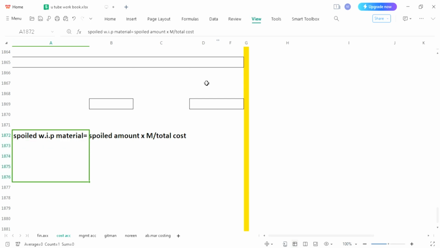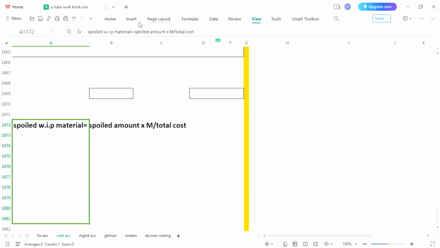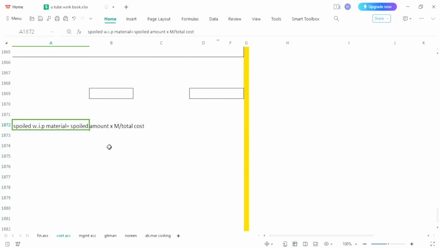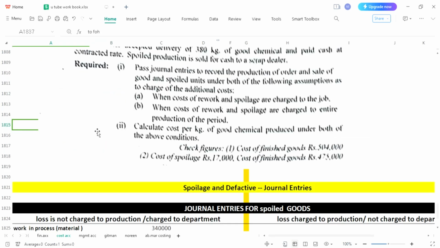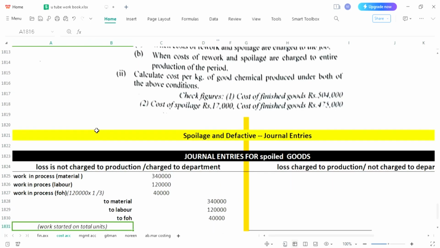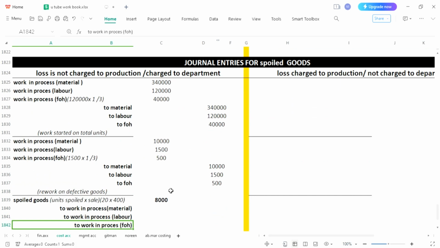Fonts are very large, so let them little down. Formula B, it should be in your mind, but we are doing spoiled work in process material we want to calculate, and in question I have already let you understand how to calculate. This 8000 is spoiled recovery. You will multiply it with individual total 340 and grand total of it.